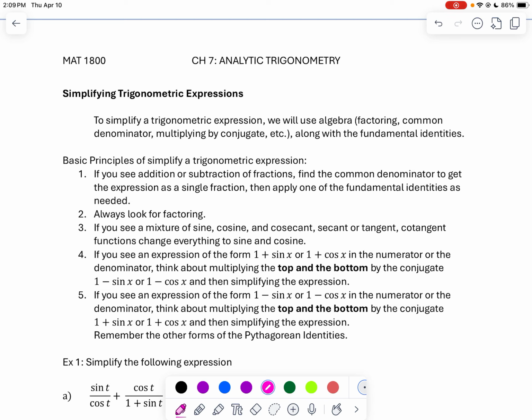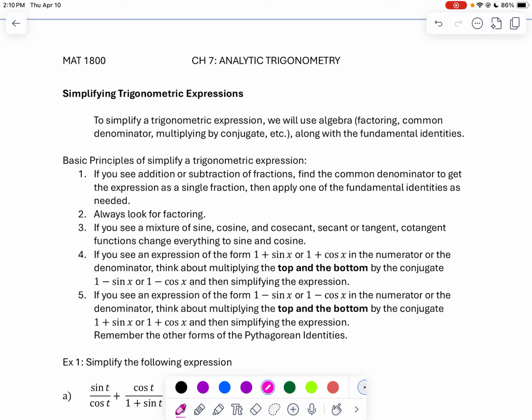So the basic principles of simplifying trigonometric expressions are: if you see addition or subtraction of fractions, you should take the common denominator, look at the expression as a single fraction, and then apply maybe some identity or some algebra might be needed. Always look for factoring. That is the first thing you should do. If you see a mixture of sine, cosine, and cosecant, secant, or tangent, cotangent functions, then change everything into sine and cosine and then try to simplify things.